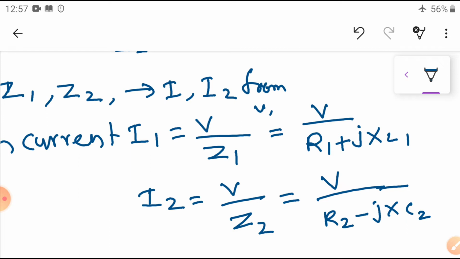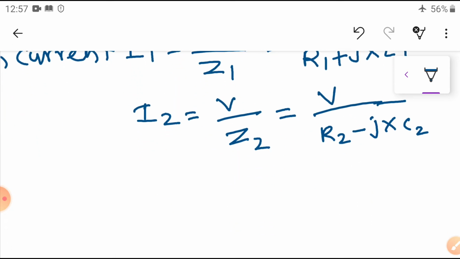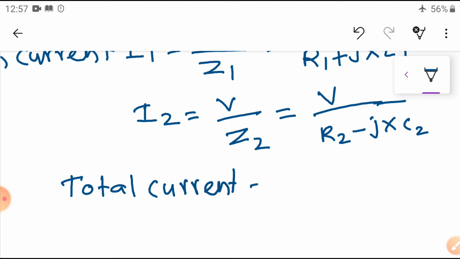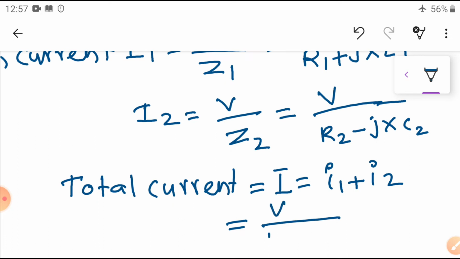So these are the two currents. Now I1 we calculated, I2 we calculated. Now simply add these two currents. The total current I is equal to I1 plus I2. Here I1 is already known, I2 is already known. Simply substitute V by R1.